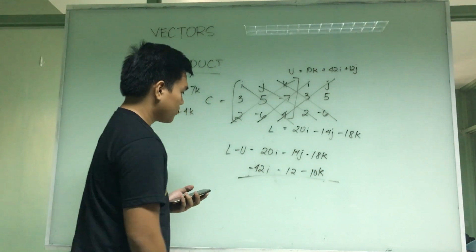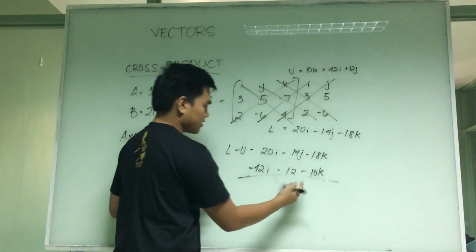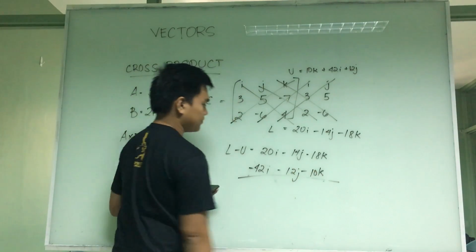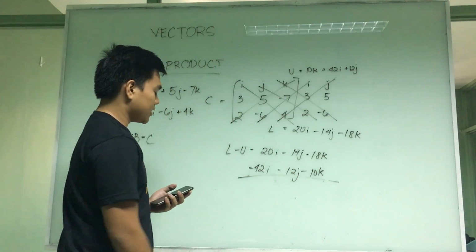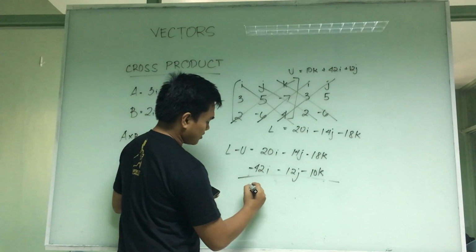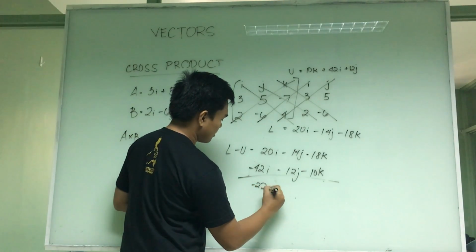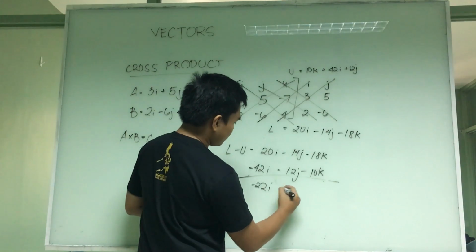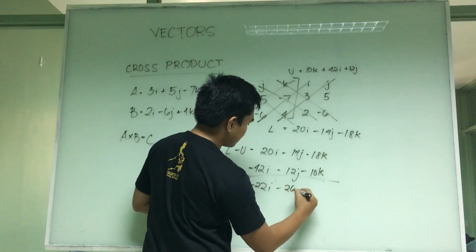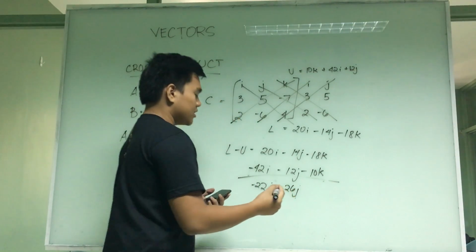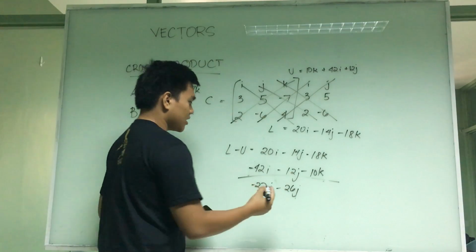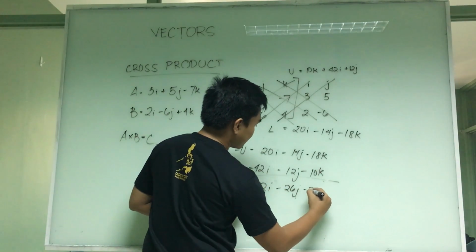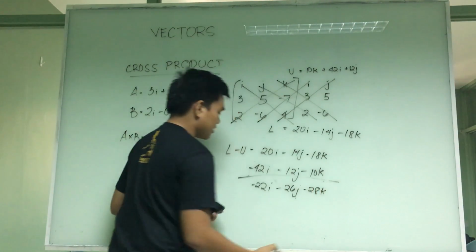There. So we're going to subtract these equations. Now 20i minus 42i will be negative 22i. Negative 14j minus 12j will be negative 26j. Lastly, negative 18k minus 10k will be negative 28k.